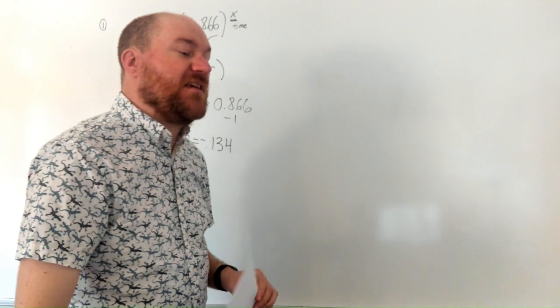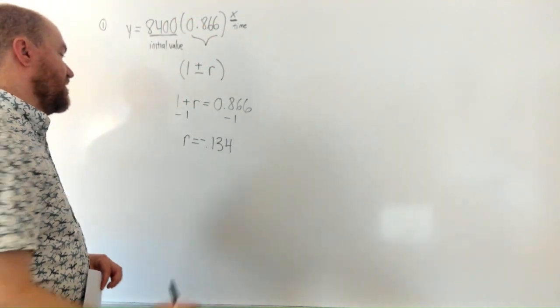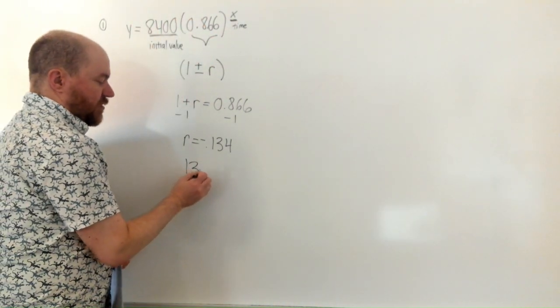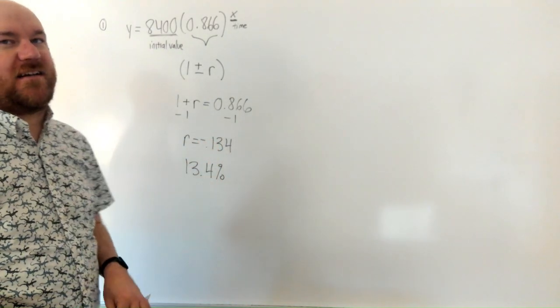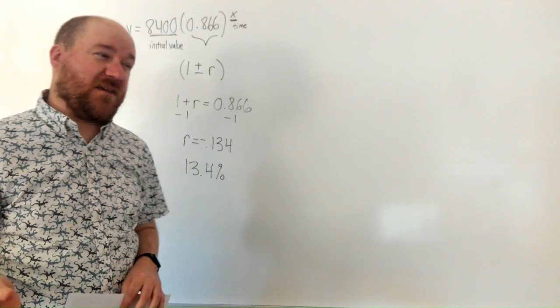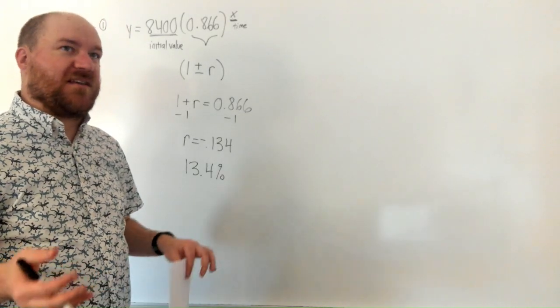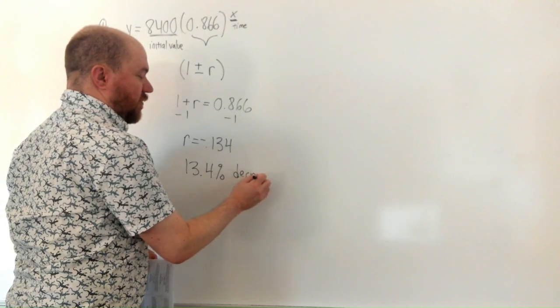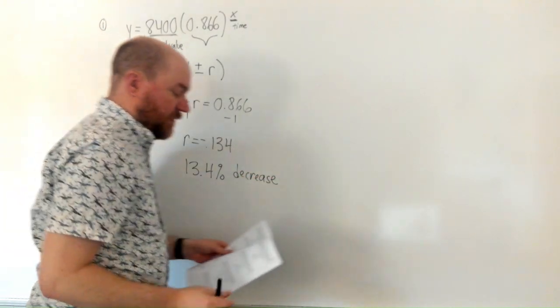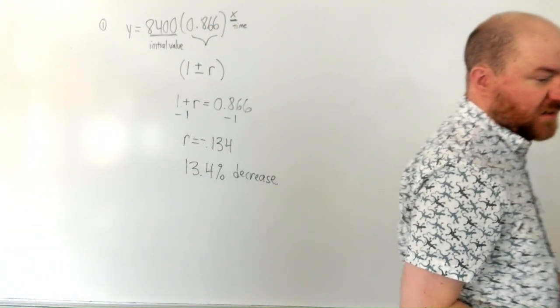And what does that mean in this context? That means that our rate is 13.4%. And instead of making a negative, let's translate what that word negative means. It means decay. It's a decrease, or it's a reduction by 13.4%.